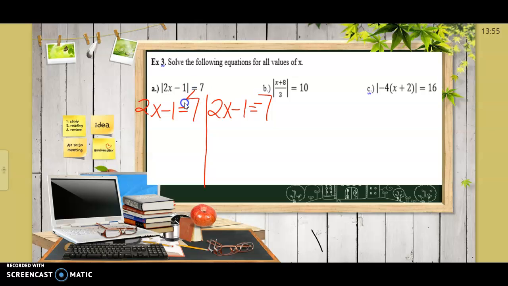So splitting this into two problems, one with a +7 and one with a -7. Then after that, it's what we've been doing all year, properties of math, where we add 1 to both sides. Property of equality says this would be 2x, because this canceled out, and 8. And then if we have multiplication, undo it with division, and x would be equal to 4.